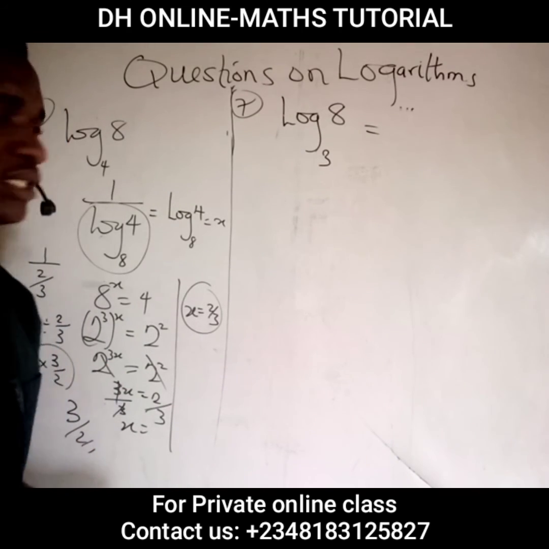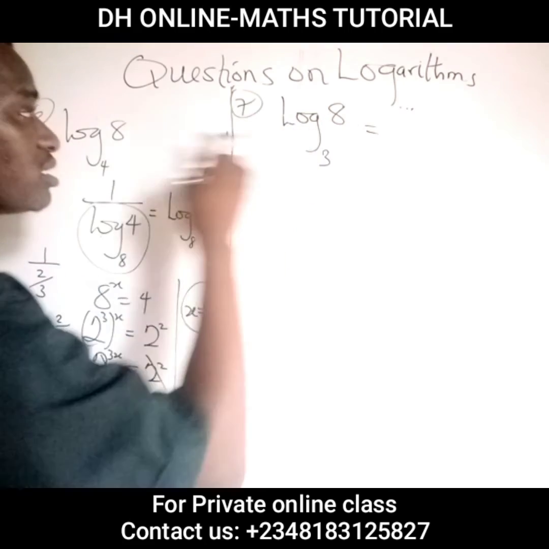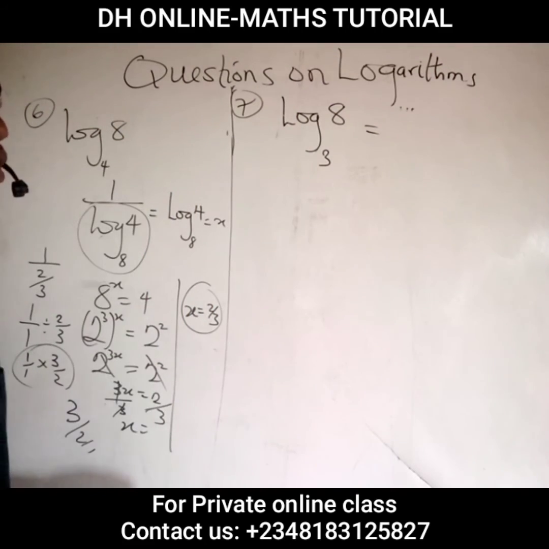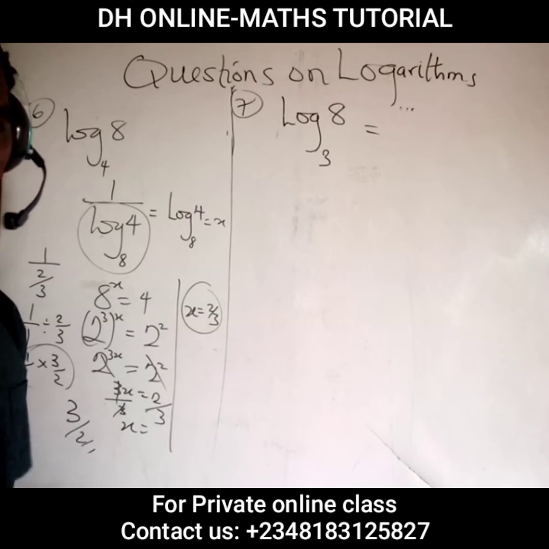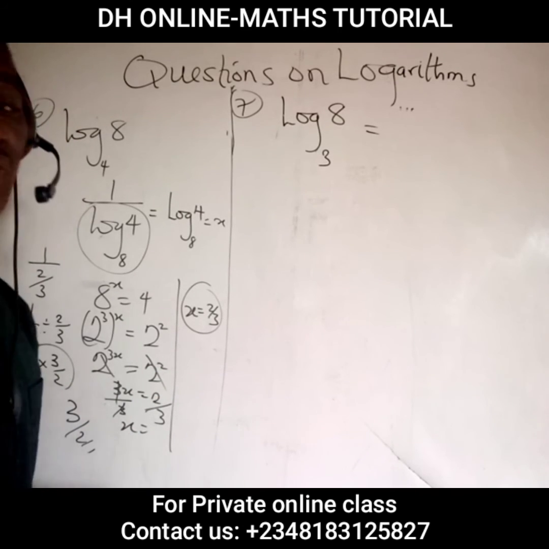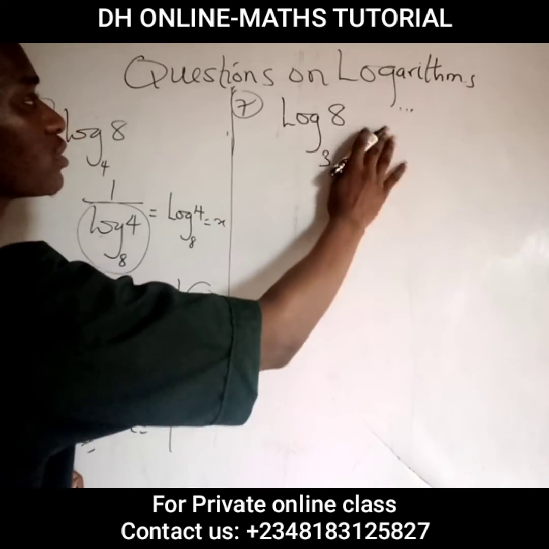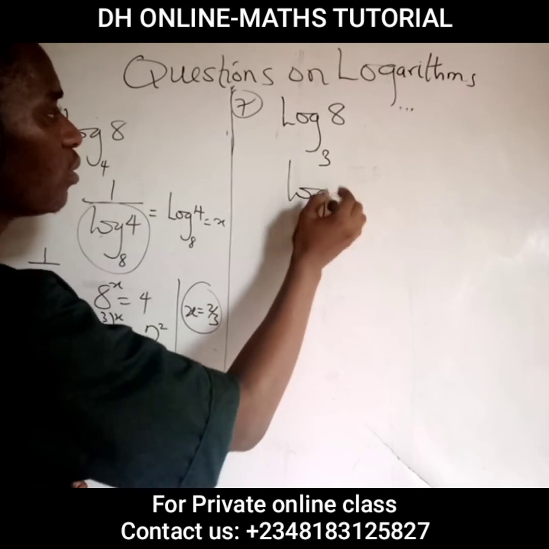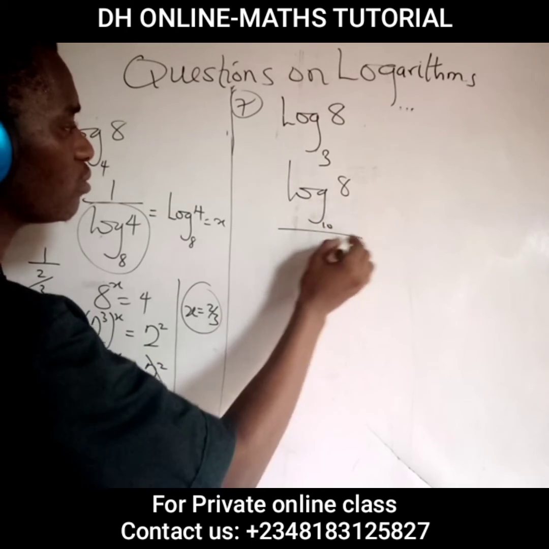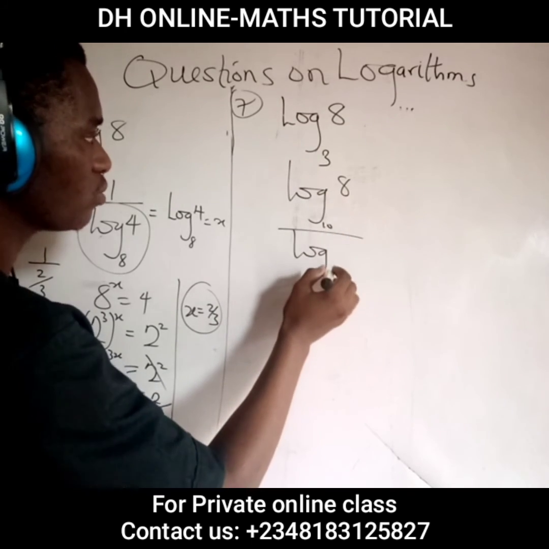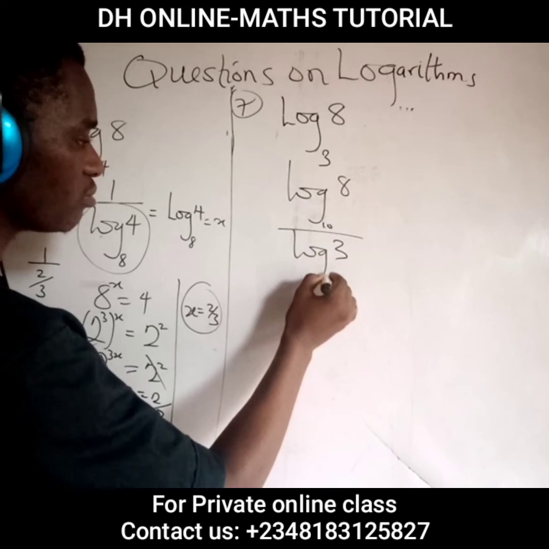That means the number itself will form another log with a default base, and the base will form another log with a default base, and the default base of all log written is base 10. So we have log 8 to base 10 over log 3 to base 10.